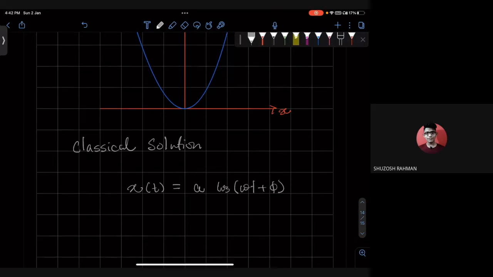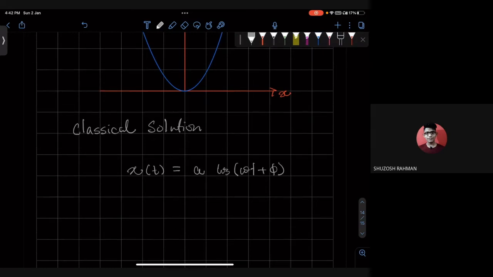Phi is some phase, which determines how you measure time t equals 0. And omega is a constant defined by the parameters k and m, the square root of k over m.